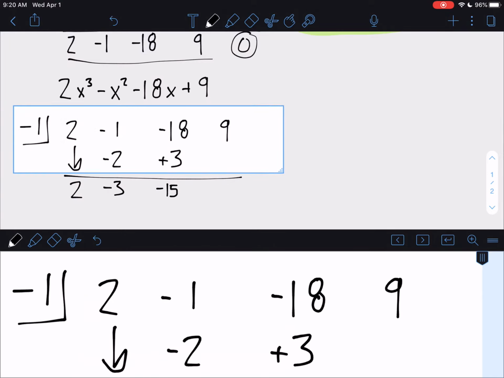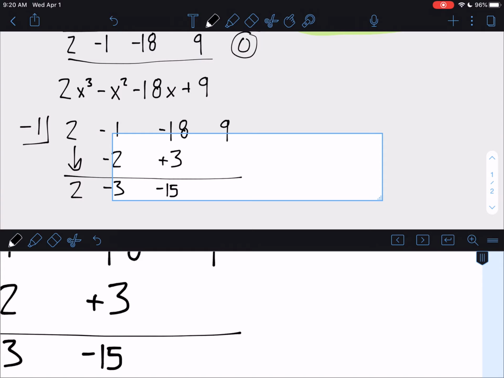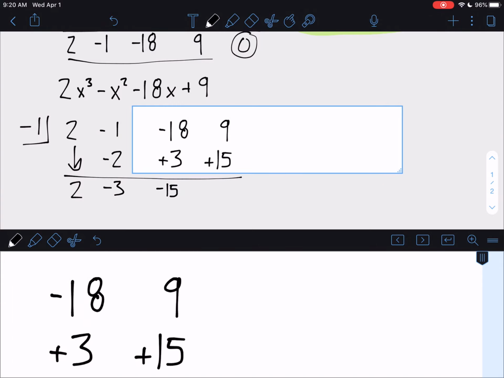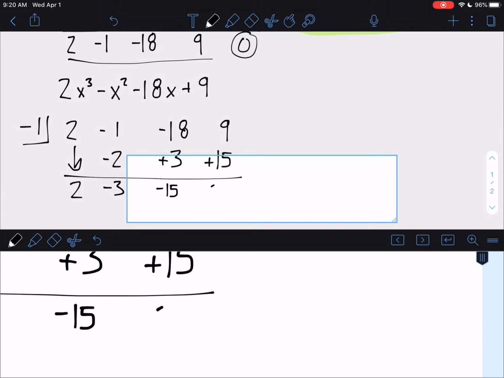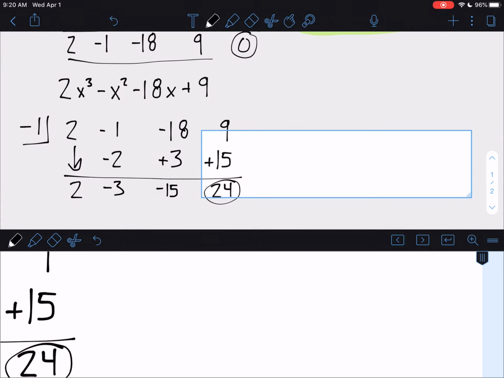Negative 1 inside the box times negative 15 is going to give me positive 15, and 9 plus 15 is 24. So unfortunately, this means that even though negative 1 was a 0, negative 1 is not a double zero.